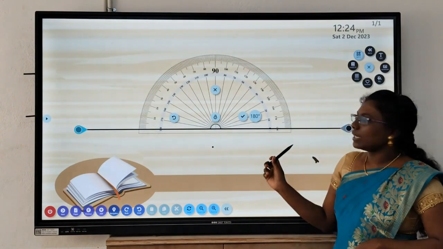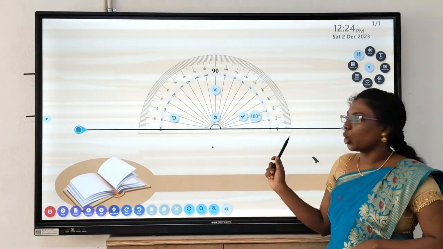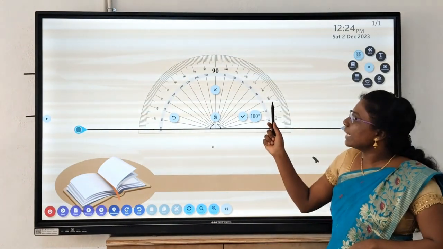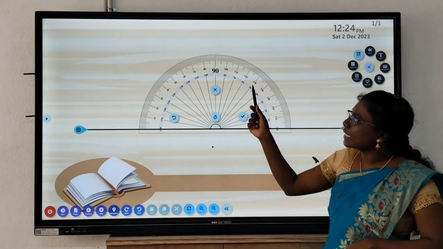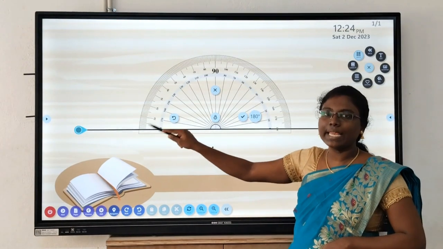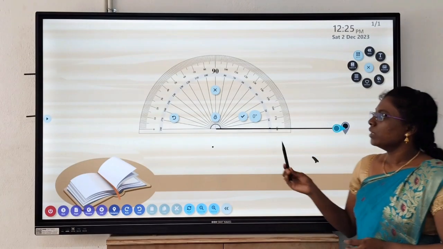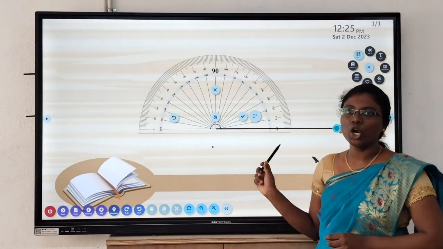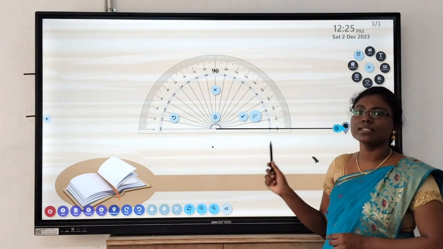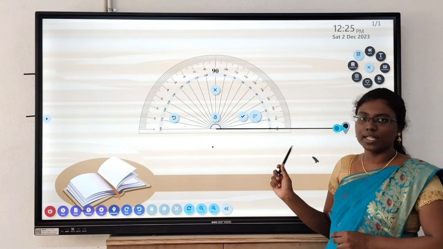First, the degree starts from 0. Next, 10, 20, 30, 40, 50, 60, 70 and so on up to 180. So it starts from 0 degree. If it starts from 0 degree, it is called the zero angle.